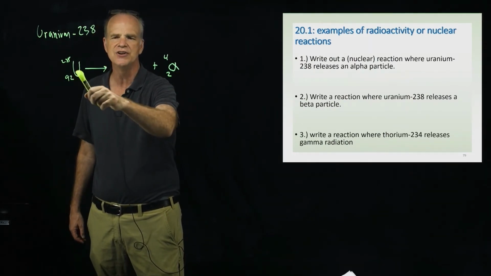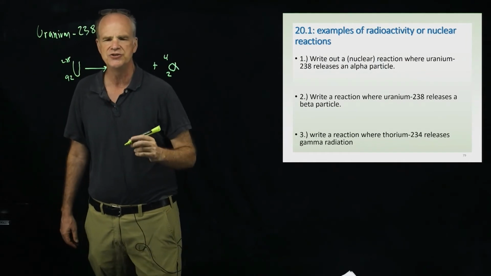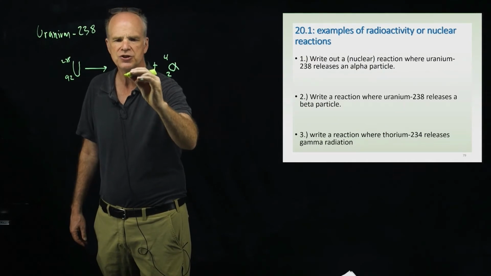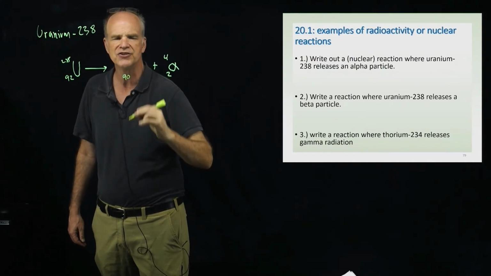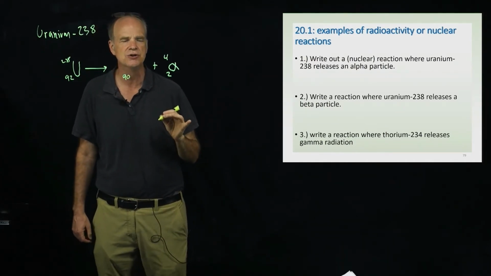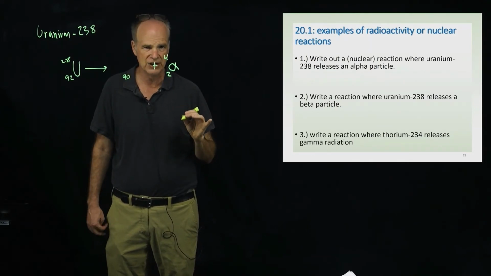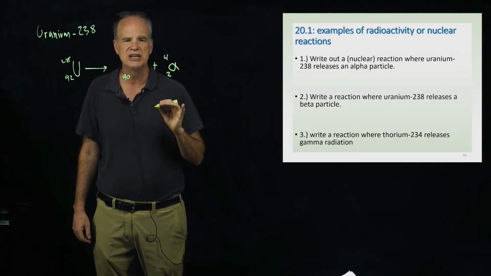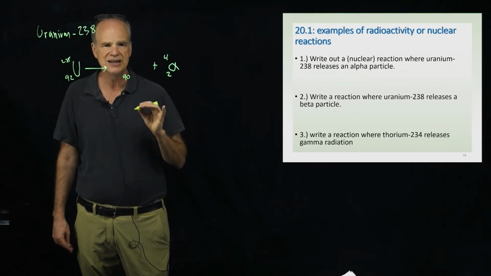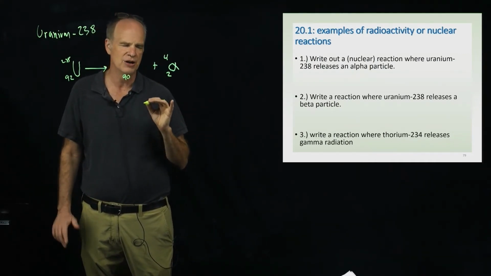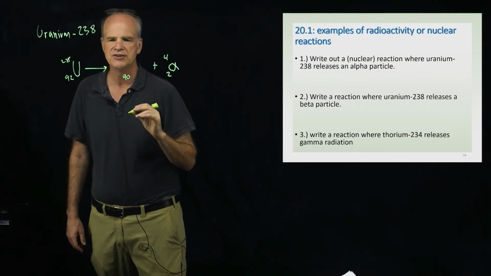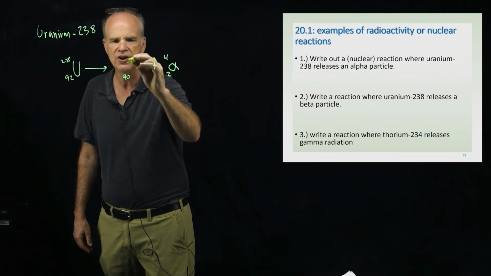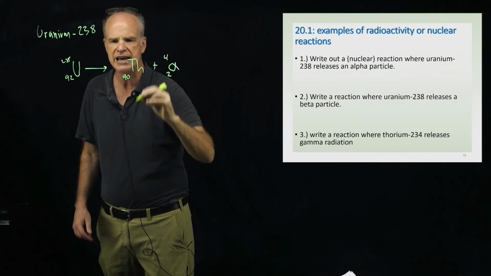So what is left? Uranium has 92 protons, and it is losing 2 of those protons, and so we should have 90 protons left. So that should indicate to you that this is no longer uranium, because it has a different atomic number, so it's going to be a different element. And you can actually look that up. You'll have a periodic table on the test, and the atomic number of 90 is associated with the element called thorium. Its symbol is Th.